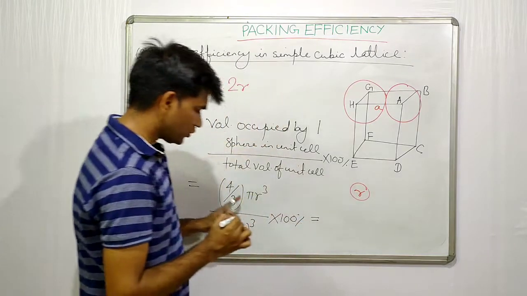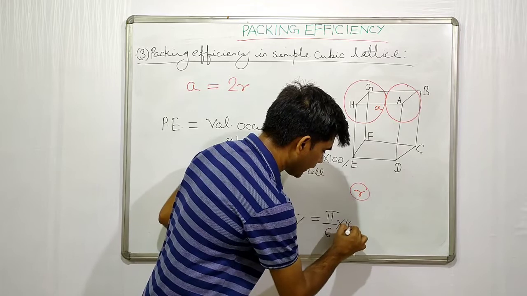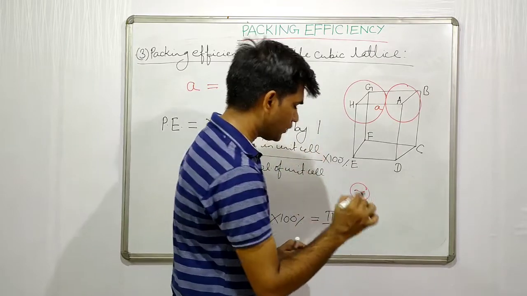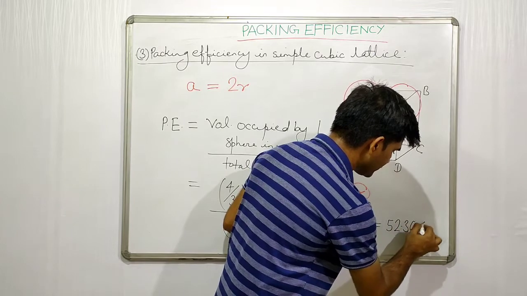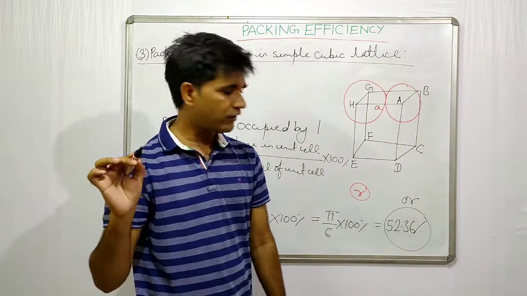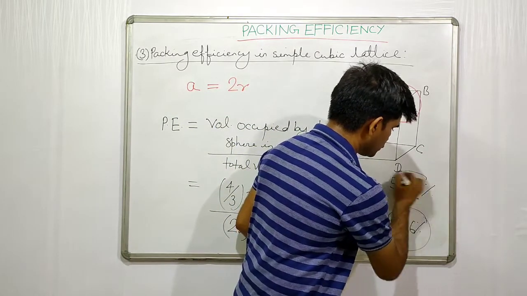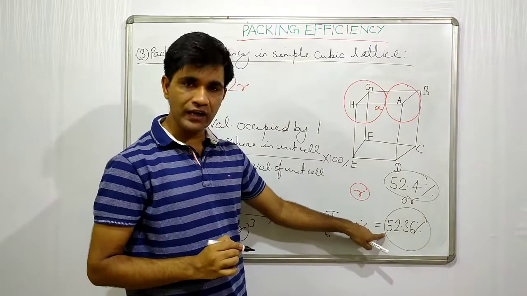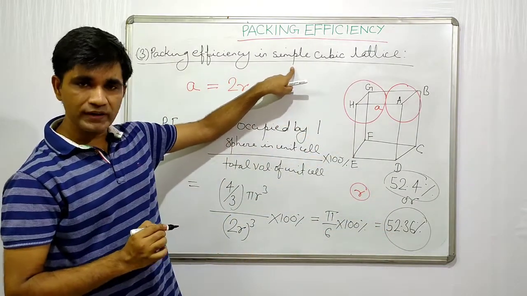If you solve this, you would find it is equal to pi by 6 into 100%, which is equal to 52.36%, or roughly we can say it is equal to 52.4%. So you can remember any of these two values for the packing efficiency in case of simple cubic lattice or primitive unit cell.